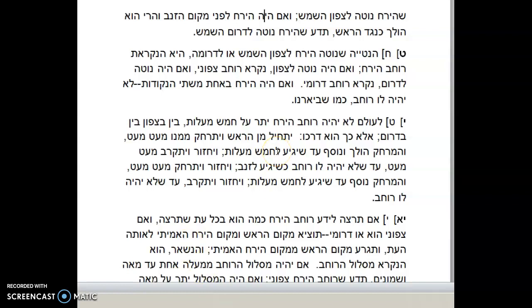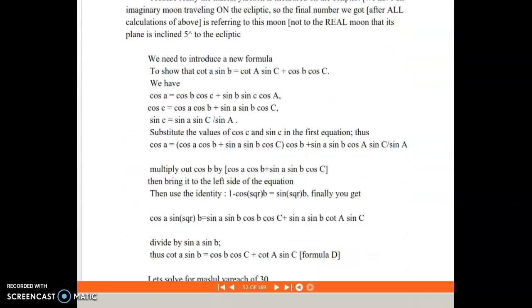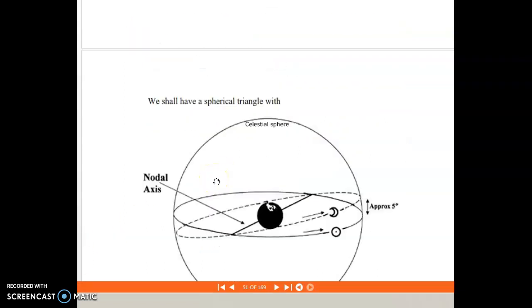The most it can go is 5 degrees north. We showed that in the picture. The previous. Let's see if I can still flash it back here. Yeah. So here we see approximately 5. The most it goes south of the ecliptic or north is 5 degrees.